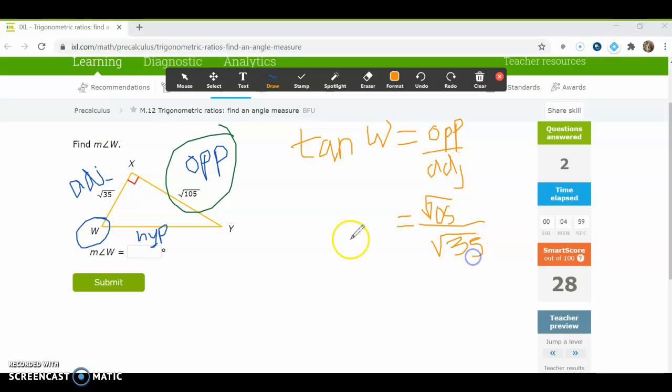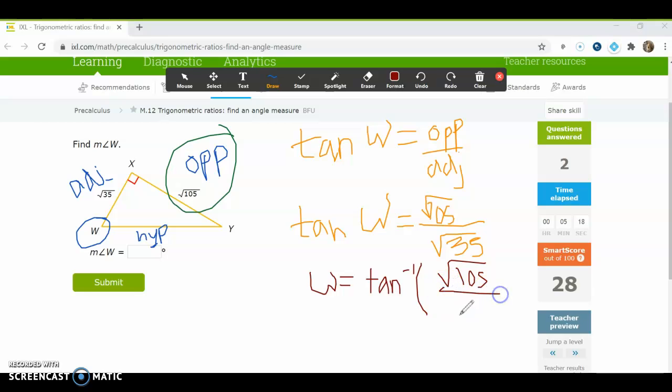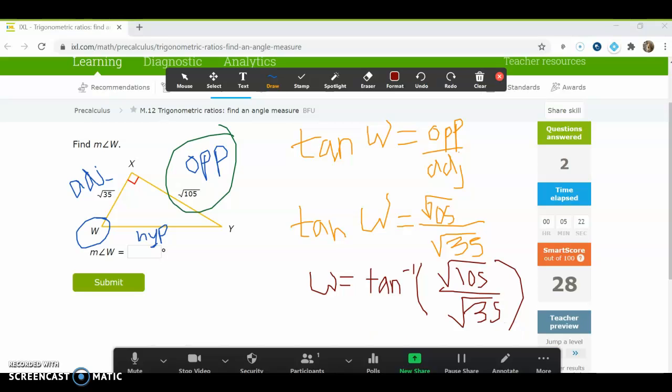Square root of 35 is tan of W. Remember, to get W by itself, we have to take the tan inverse. So that's tan to the -1 power, and then it's the square root of 105 over the square root of 35. I'm just going to simply type that in Desmos again.